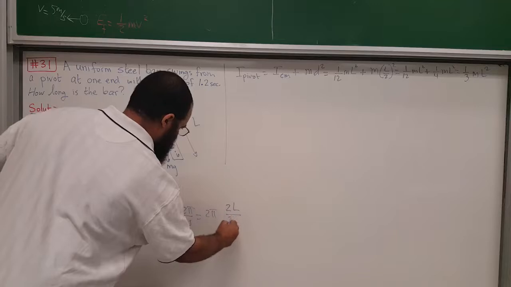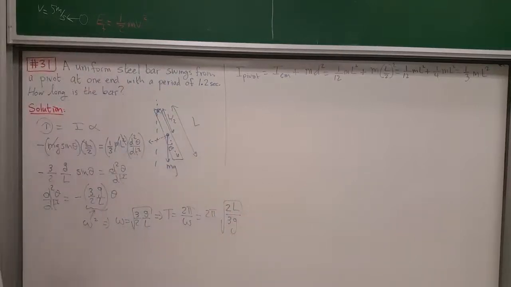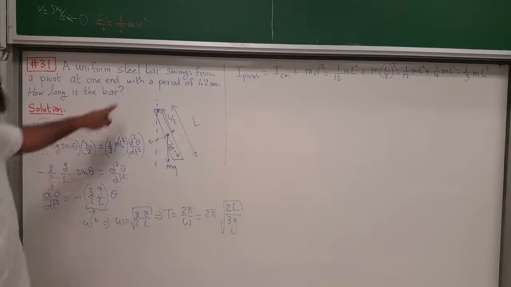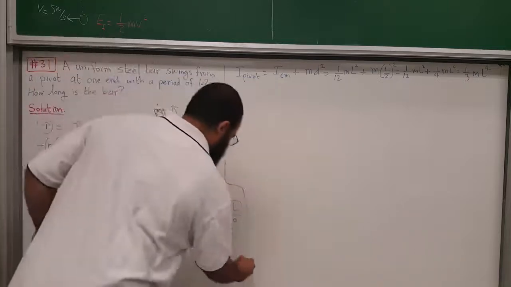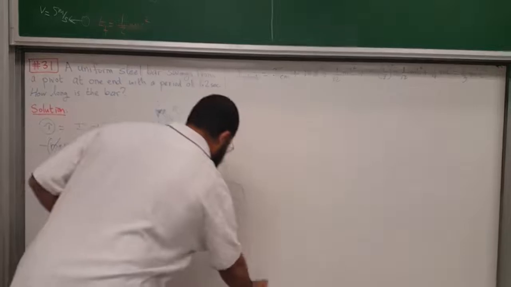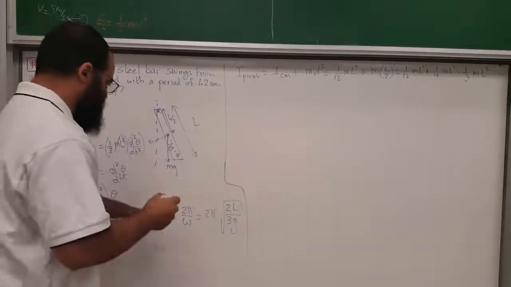times the square root of 2L over 3g. And I think they want just, that's fine. All right, they gave us the period and they want L. I forget even the question. That's fine. Now we have the period, we have this. So let's divide both sides by 2 pi.